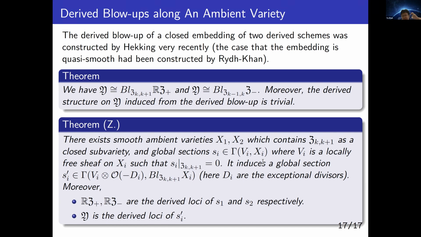Because the image of the pullback of Si is inside the exceptional divisor, Si would actually induce another section which I call Si prime. This Si prime is a global section twisted by minus Di, the exceptional divisors of the blow-ups.